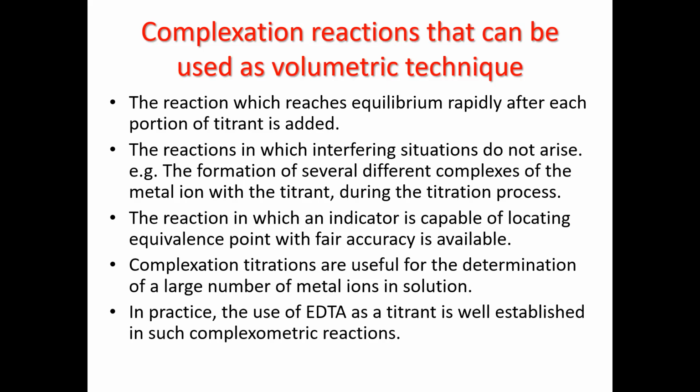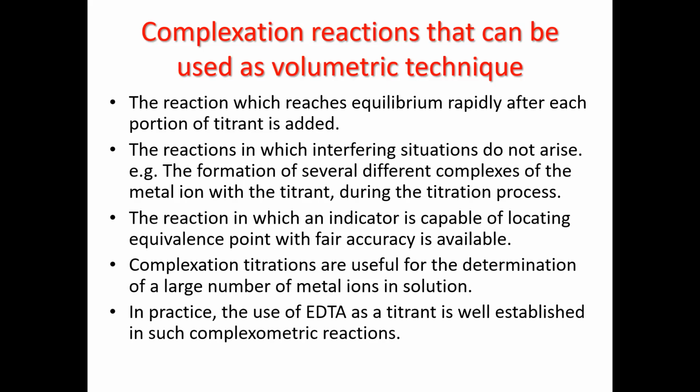The first one is that the reaction between the metal and the ligand should reach equilibrium rapidly. Whenever you add your titrant, which is your ligand or your complexing reagent, to your metal ion, the reaction should reach equilibrium quickly.